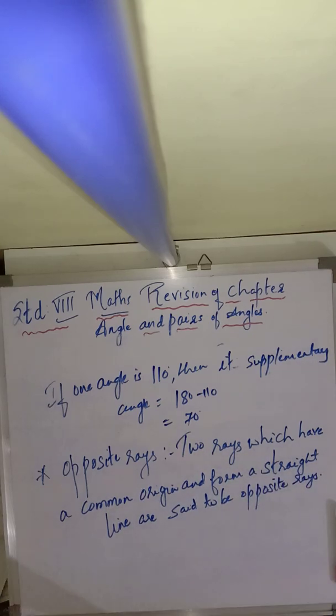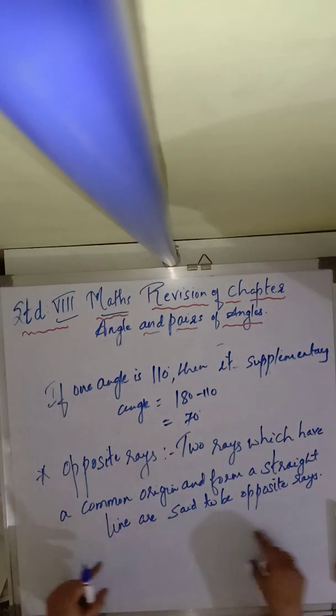Okay children, so what is meant by opposite rays? Two rays which have a common origin and they form a straight line.